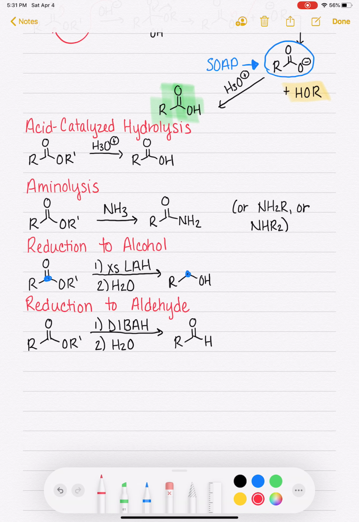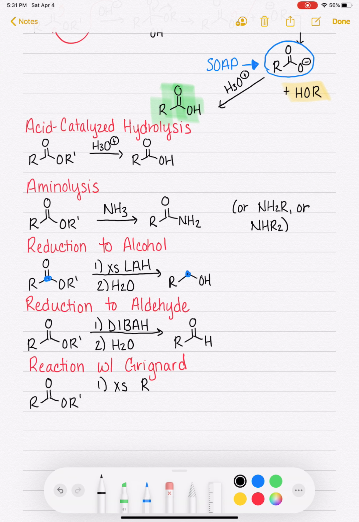And then last but not least, we can react with a Grignard. And we have seen this Grignard reaction when we first learned about Grignards a long time ago. If we're reacting an ester with a Grignard, we need excess.